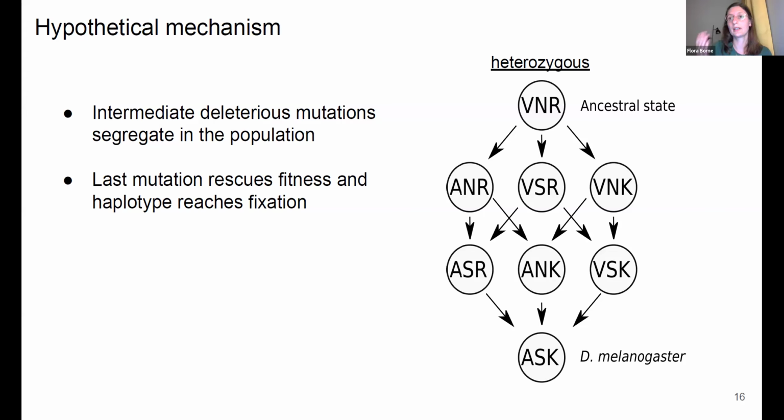And so they could be maintained long enough for other mutations to arise. And the last mutation could have rescued the fitness of this final haplotype and dragged this haplotype to fixation. And for this, we do think that at least the melanogaster haplotype can have some advantages compared to the ancestral, even if we don't see anything in the phenotypes we measured.